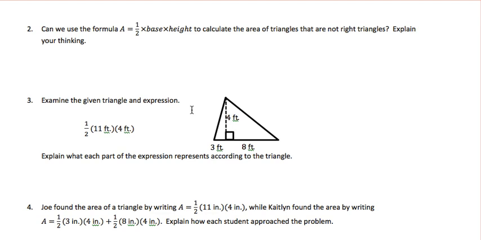In number 2, can we use the formula area equals 1/2 times base times height to calculate the area of triangles that are not right triangles? And yes, we absolutely can.